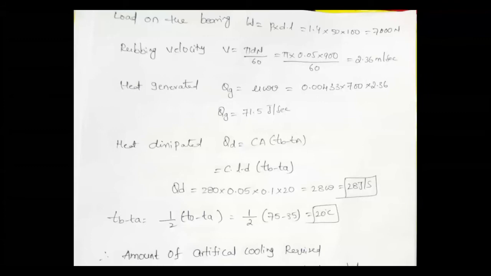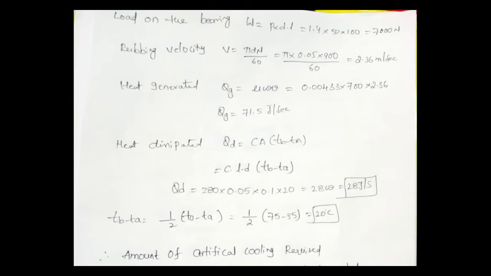Suppose you consider the amount of heat generated. What is the formula? Qg equal to mu into W into V. So you require the mu value, that is the coefficient of friction, the W value, that is the load, and the V value, the rubbing velocity. So these three are required parameters: mu, W, and V. If there is any unknown parameter, you take it from your data book.